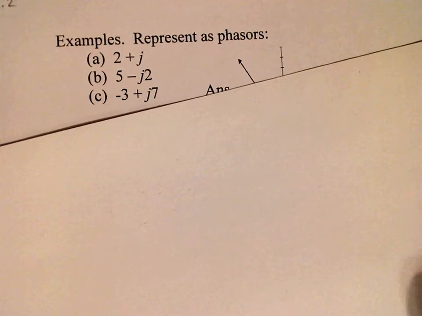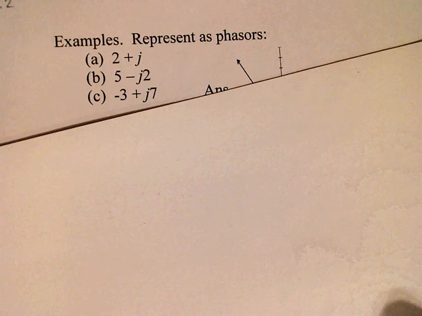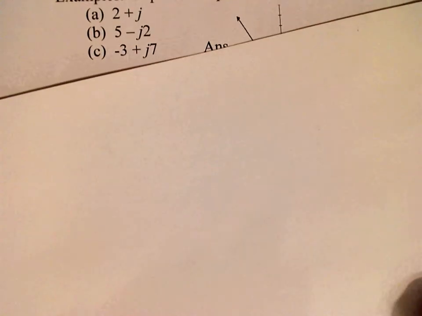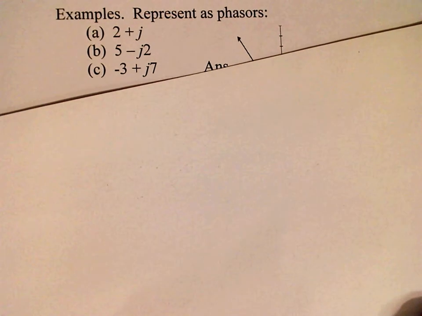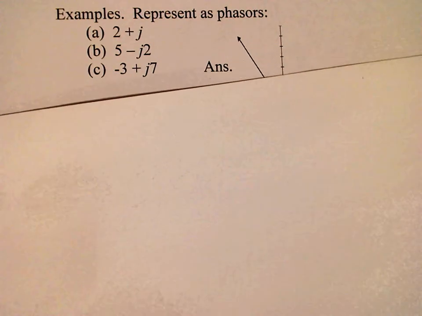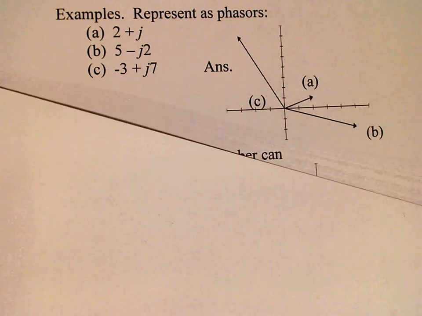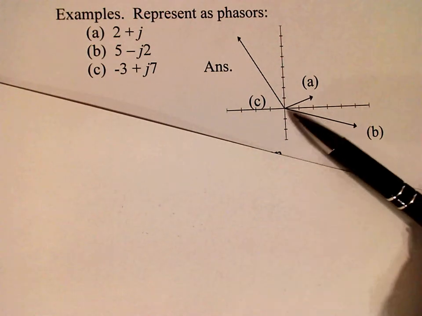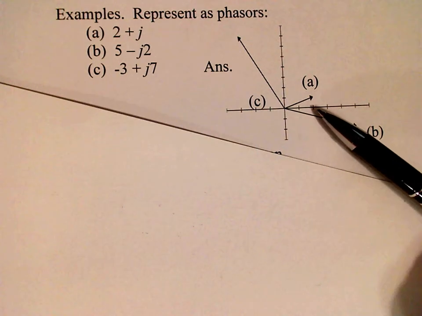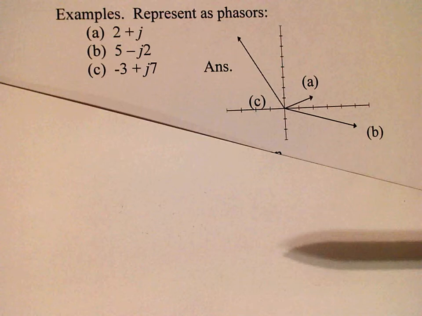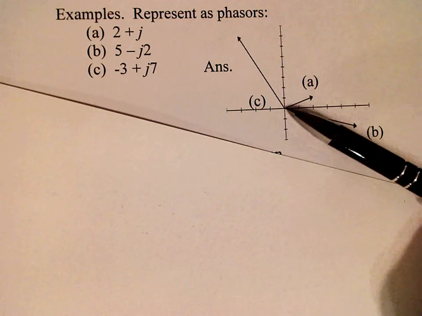So for example, we want to represent 2 plus j, 5 minus j2, and negative 3 plus j7 as phasors. Over here on the graph, we see 2, 1 in the plane, an arrow drawn from the origin to 2, 1.